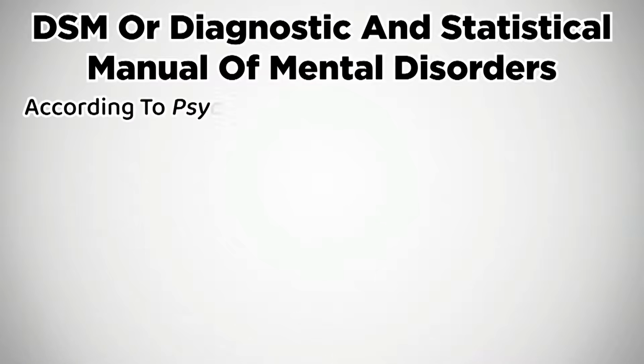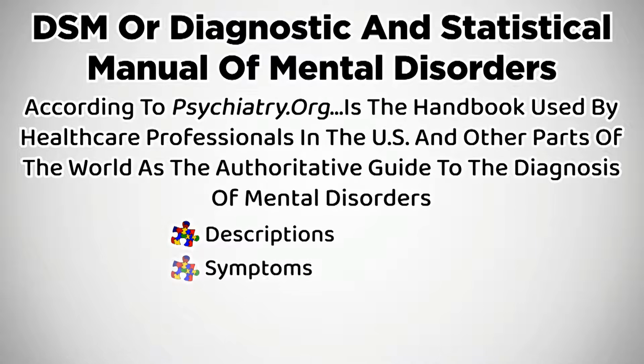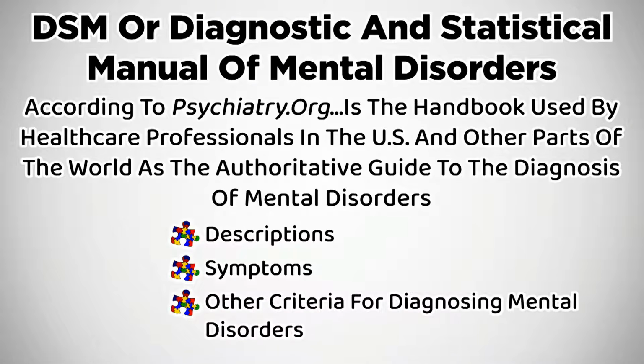The DSM, according to psychiatry.org, is the handbook used by healthcare professionals in the US and other parts of the world as the authoritative guide to the diagnosis of mental disorders. This includes the descriptions, symptoms, and other criteria for diagnosing mental disorders.